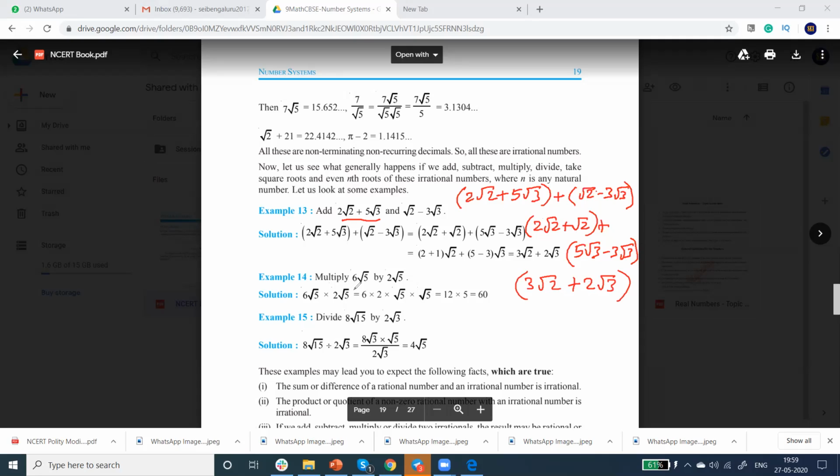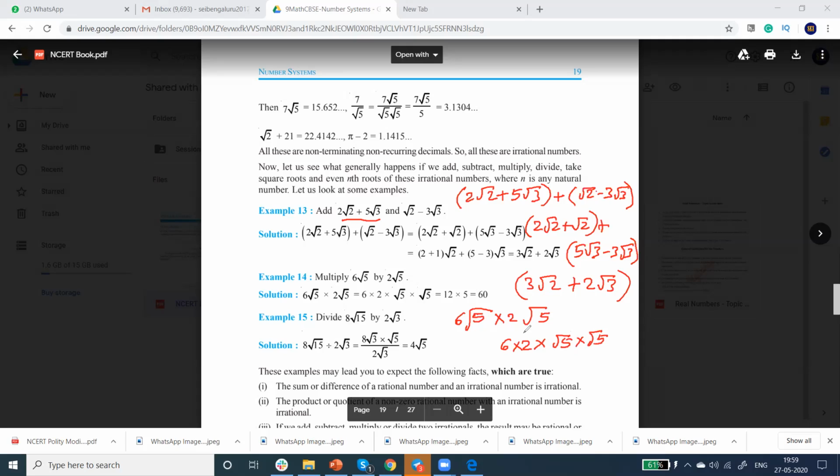Second one: multiply 6 root 5 into 2 root 5. Now, these two are numbers under the square root. What can you do? Multiply the numbers, 6 into 2, and multiply the square roots, root 5 into root 5.